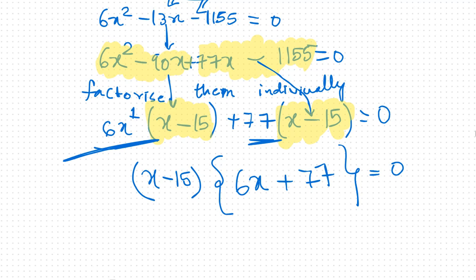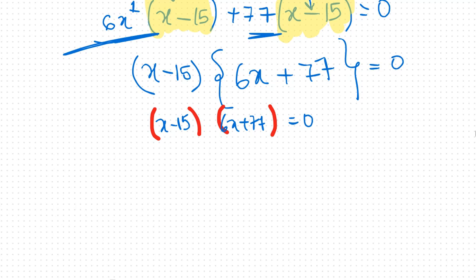Now can you find the x values? No. See, these two things are multiplied, right? x minus 15 and 6x plus 77 is equal to 0.